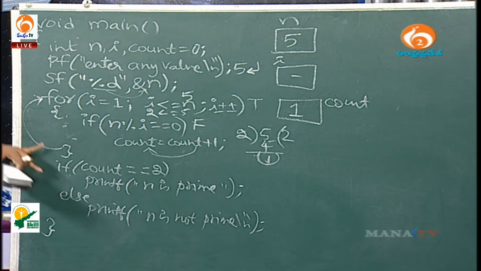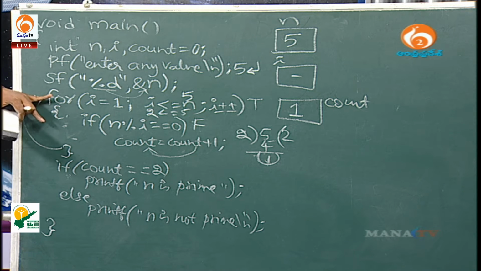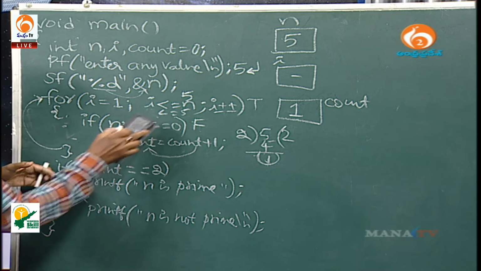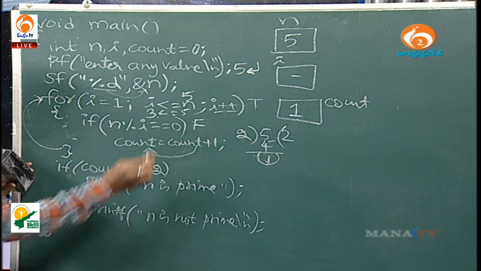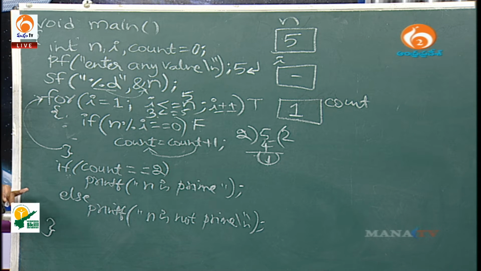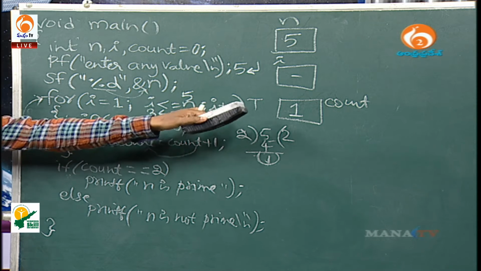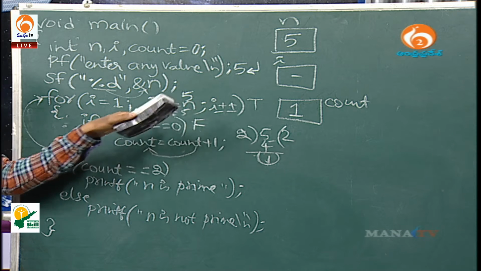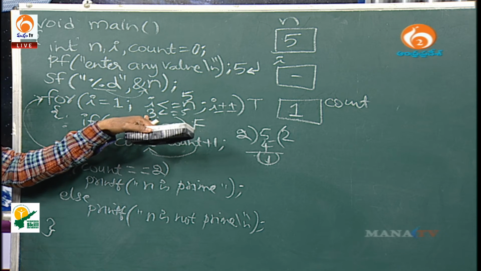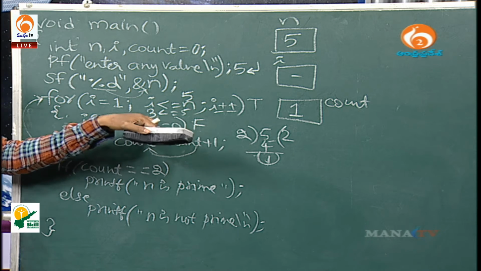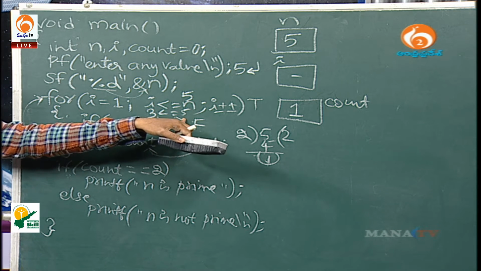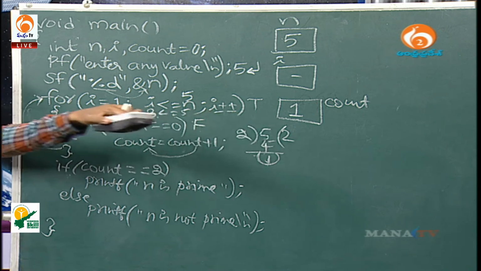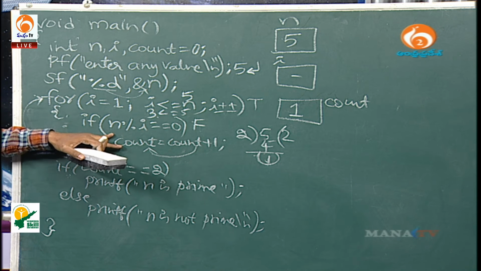Again control goes back. Next iteration, i plus plus, i is incremented by 1, that is 3. Initially it was 2, because of the i plus plus post increment operator, now i becomes 3. 3 less than or equal to 5, the condition becomes true. Again control enters the body of the for loop.